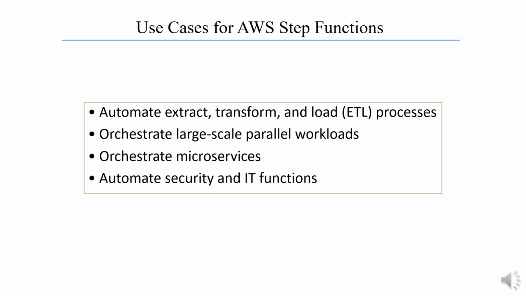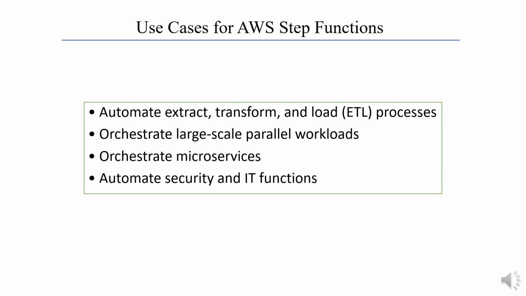Automate extract, transform, and load ETL processes. Ensure that multiple long-running ETL jobs run in order and complete successfully without the need for manual orchestration. Orchestrate large-scale parallel workloads. Iterate over and process large datasets such as security logs, transaction data, or image and video files.